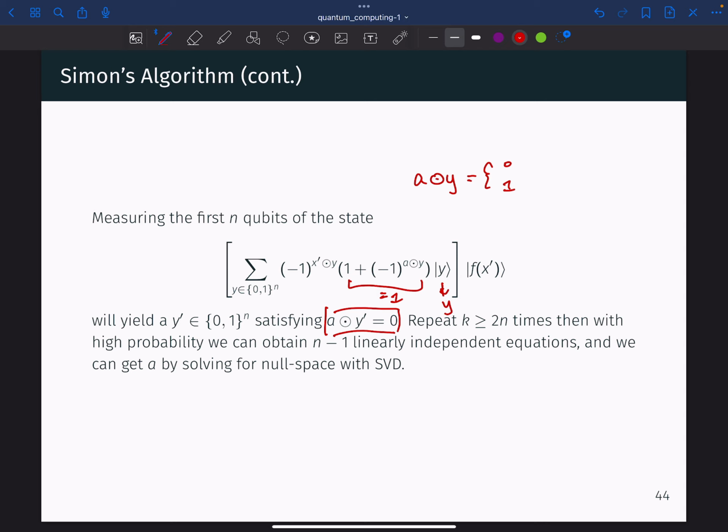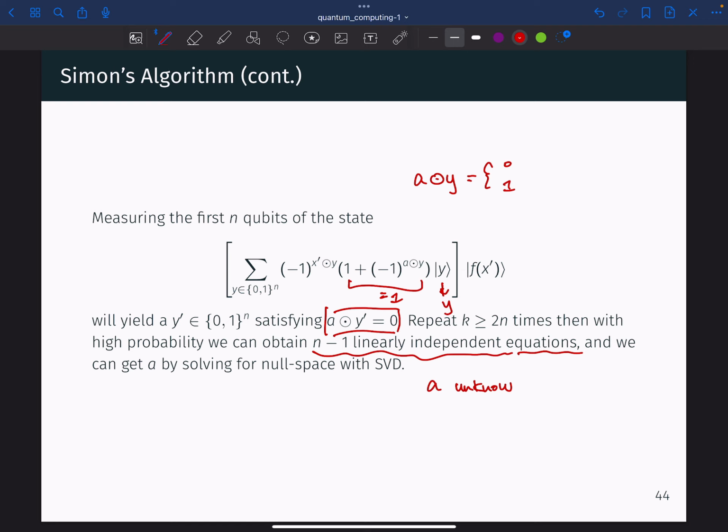You treat A as unknown, and you can write n-1 linear equations. With n-1 linearly independent equations, you can get A by solving for the null space with SVD. So that's how Simon's algorithm works.